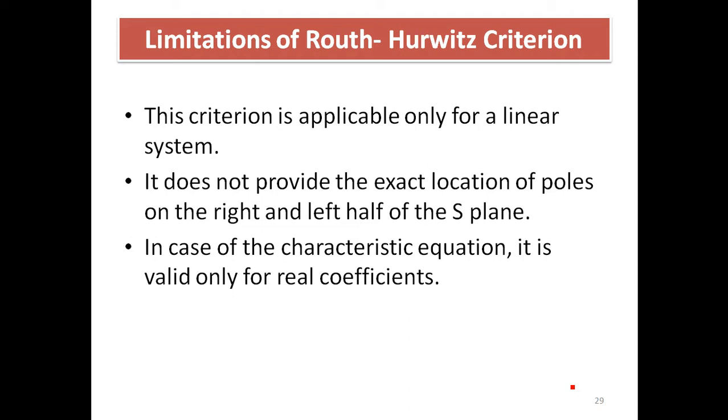If one ROZ is occurring in a system, then the system is oscillatory. If two ROZ are there, repeated roots are there, and the system is unstable, even if you are getting first column elements as 0. If three ROZ are there, we have considered the example.